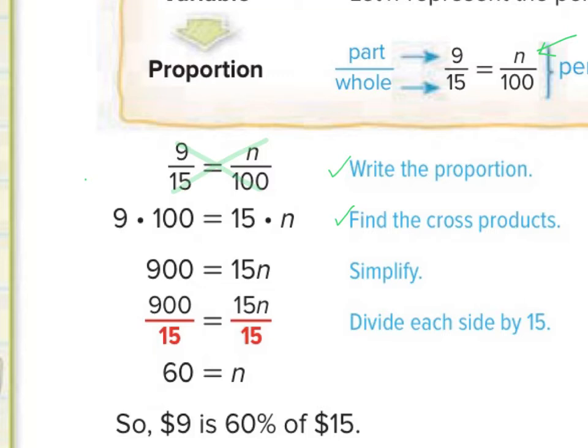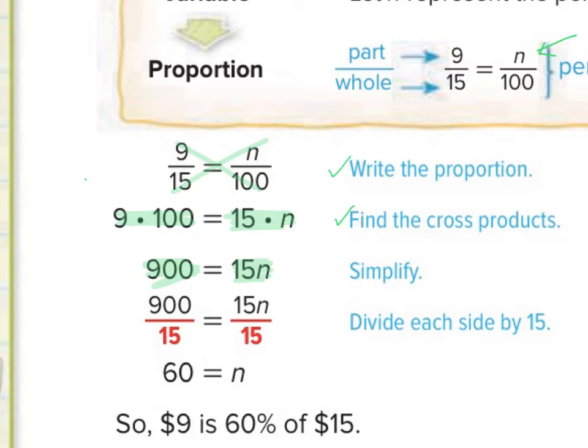So that allows us to make an equation that we can solve by multiplying diagonally and taking 9 times 100 and also 15 times n. So 9 times 100 is 900, right? And then 15 times n we don't know the answer to, so we're just going to call it 15n. All right? So now we have this equation that says 900 is equal to 15 times n.